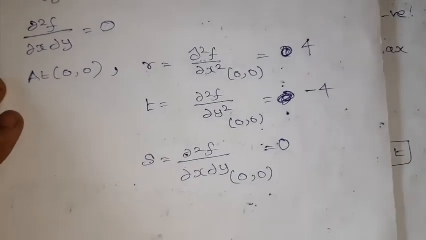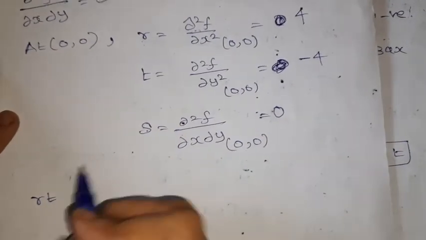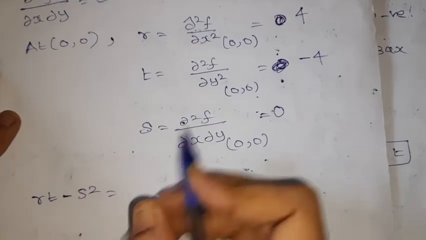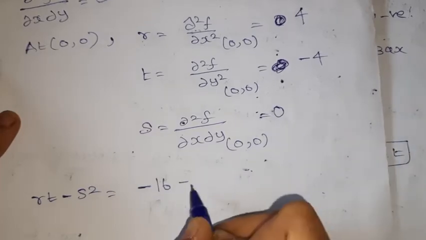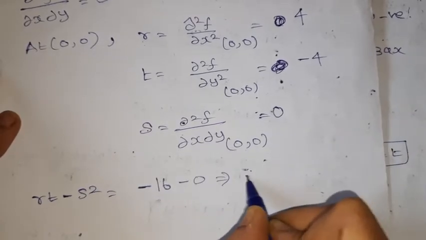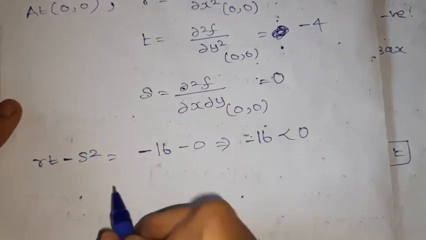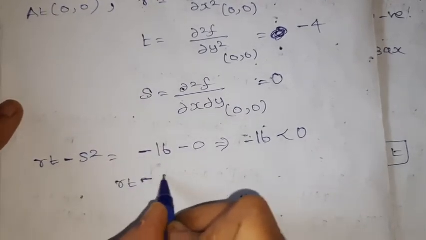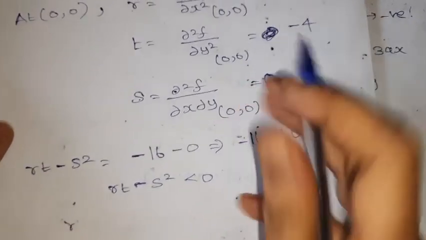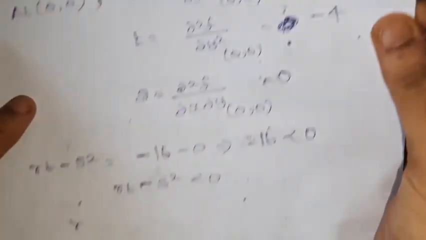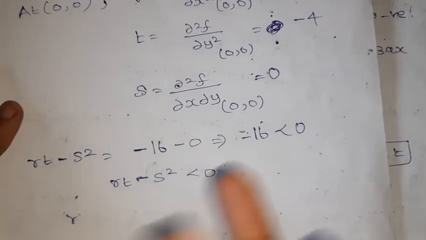So we need to find out rt minus s squared. rt minus s squared equals 4 into minus 4, which is minus 16, minus s squared, which is 0. So minus 16 only, this is less than 0. So rt minus s squared is less than 0. R value is 4, no need to find out.